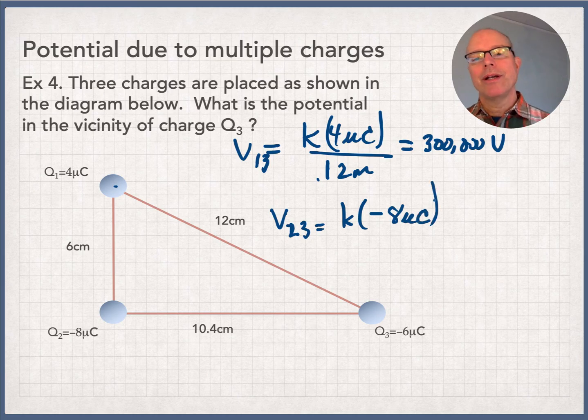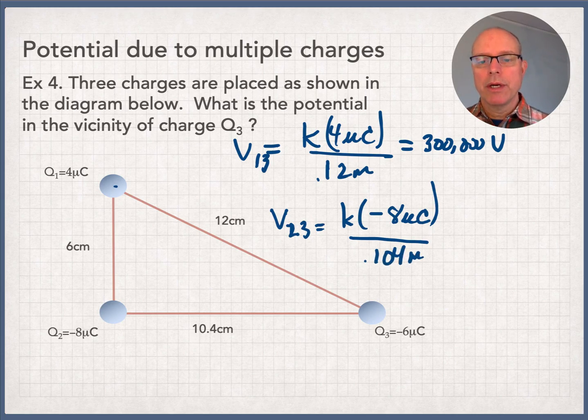Why? Because there's no vectors involved. There's nothing that's going to mess you up here, so it's totally sensible, in my opinion, to use minus signs where they give them to you. And so here's 0.104 meters. So we have a bigger charge, a shorter distance, and this one's going to be a bigger voltage. So it's something like negative 693,000 volts.